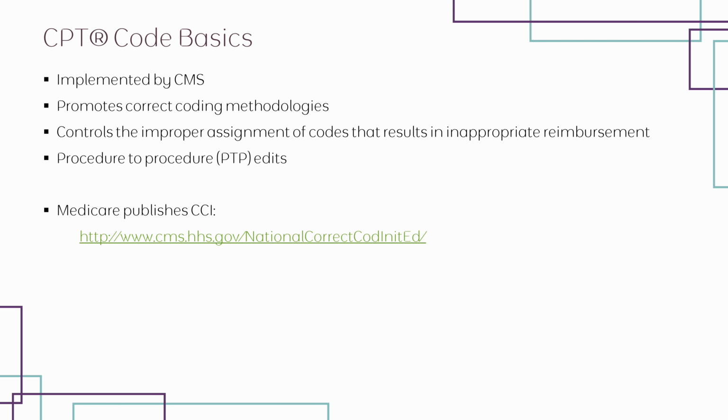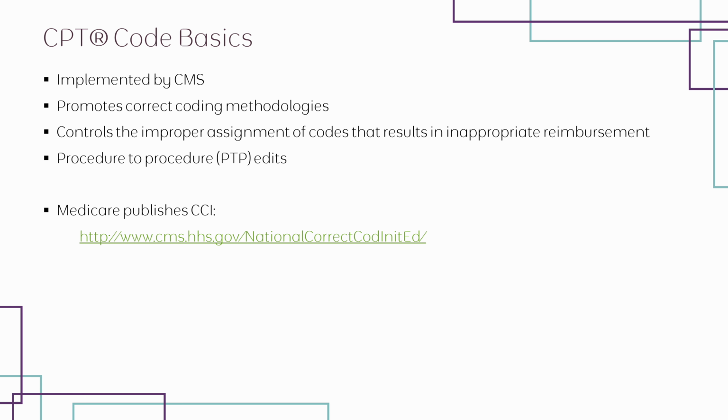As mentioned before, NCCI stands for National Correct Coding Initiative. This program was implemented by CMS, the Centers for Medicare and Medicaid Services, to promote correct coding methodologies and to help control the improper assignment of codes that could result in an inappropriate reimbursement. The purpose of NCCI is to prevent coding combinations that would result in duplicate or incorrect payments.